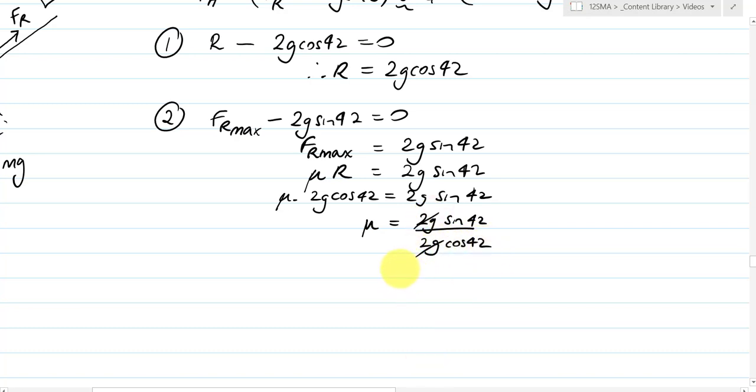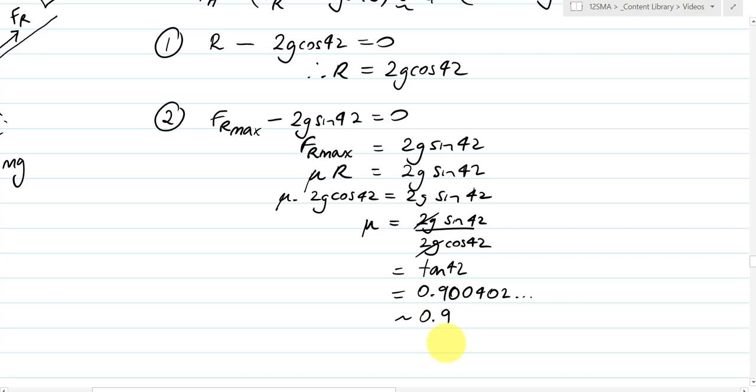The 2g's cancel out, and sine over cos is tan, so mu is actually tan 42, and the value of tan 42 is approximately 0.9, but I'll write that down with a bit more detail: 0.900200402. So we say approximately 0.9.